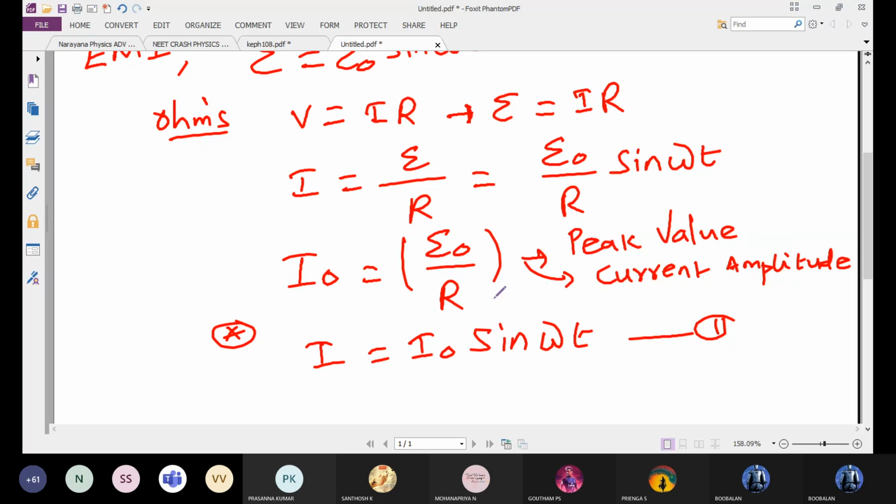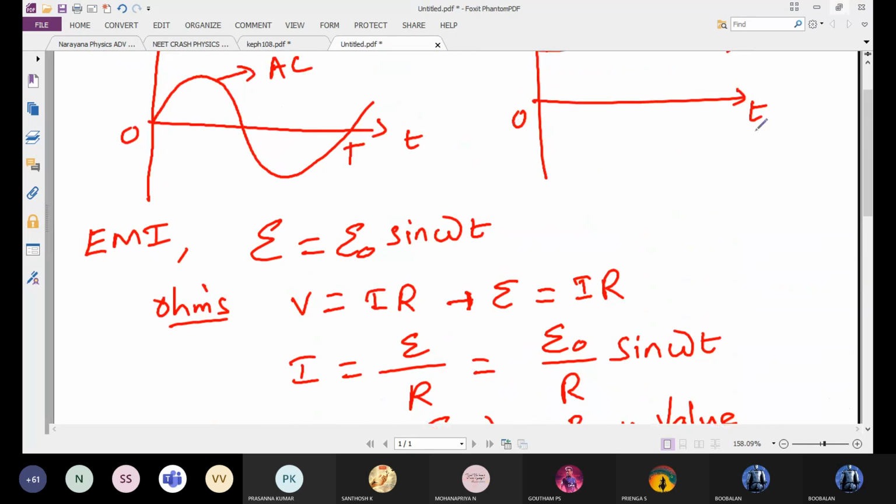Okay, so I naught is the peak value, the current amplitude. E naught and I naught are the amplitudes. So how do we measure amplitude? That is the next question for you. Just a second. Again I am taking a sine wave.